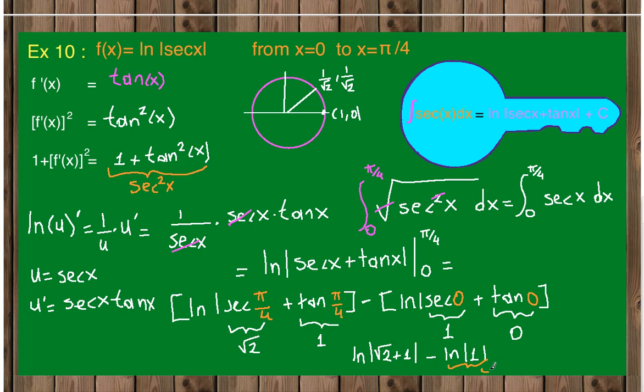So this is 0. So our final answer is ln of square root 2 plus 1. This is the final answer for this question. This is the end of the whole video. Thank you for watching.